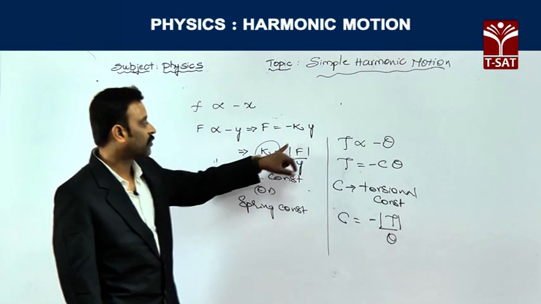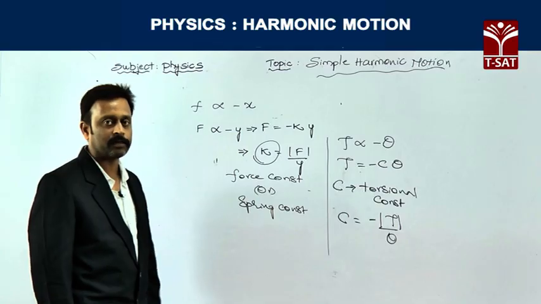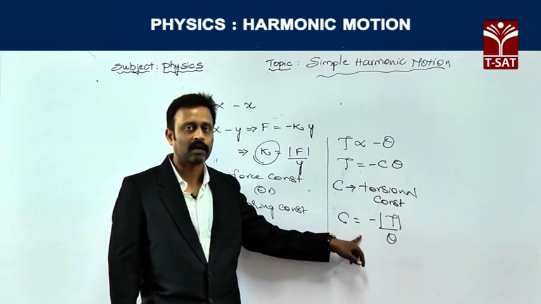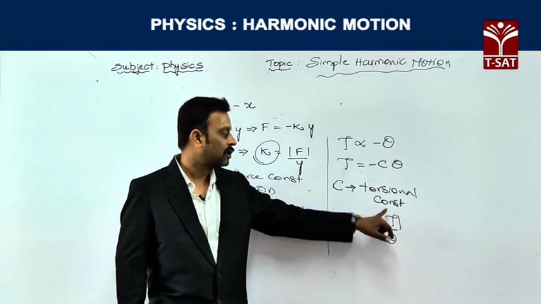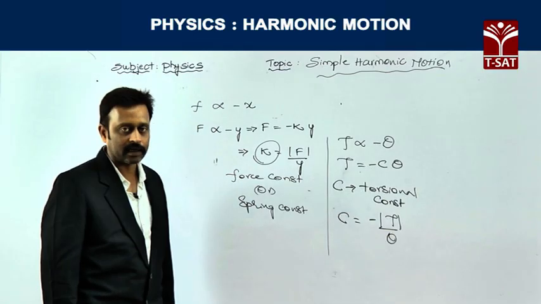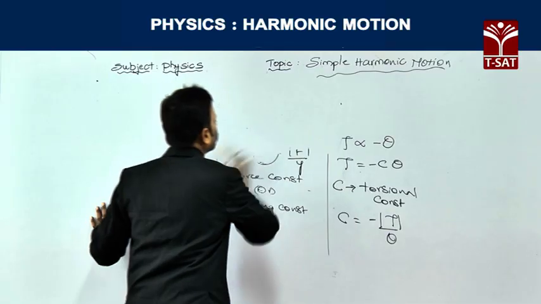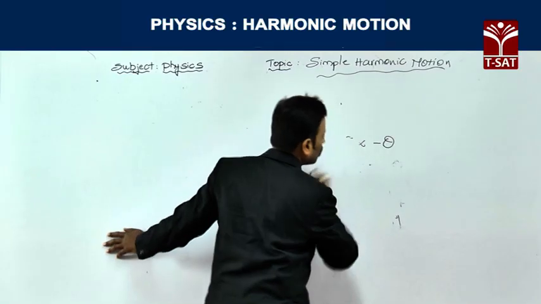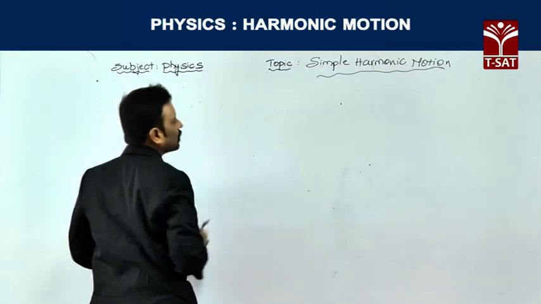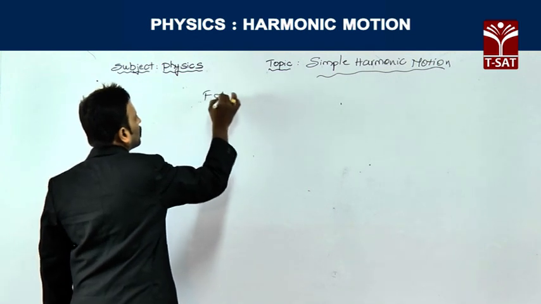Here, the ratio of restoring force to linear displacement. In case of angular simple harmonic motion, the ratio of torque to the angular displacement. As I told you just now, the restoring force is directly proportional to displacement.